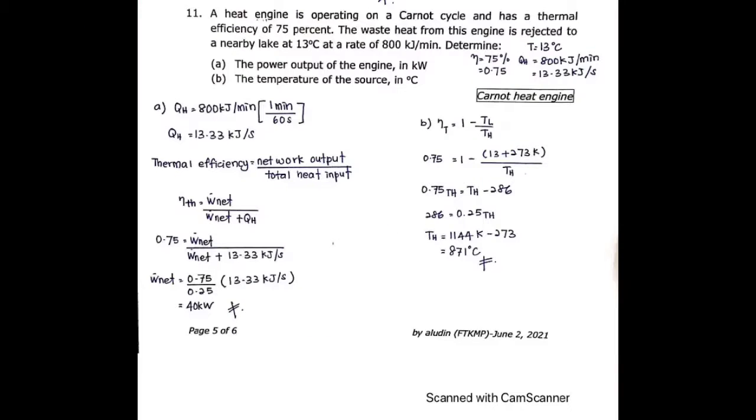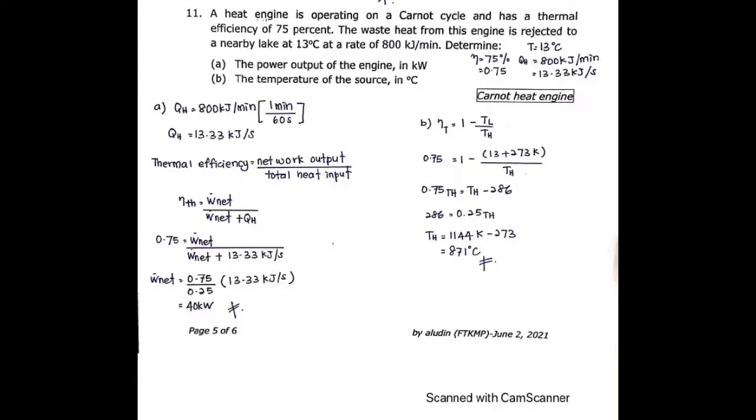A heat engine is operating on a Carnot cycle and has a thermal efficiency of 75%. The waste heat from this engine is rejected to a nearby lake at 13 degrees Celsius at a rate of 800 kilojoule per minute.